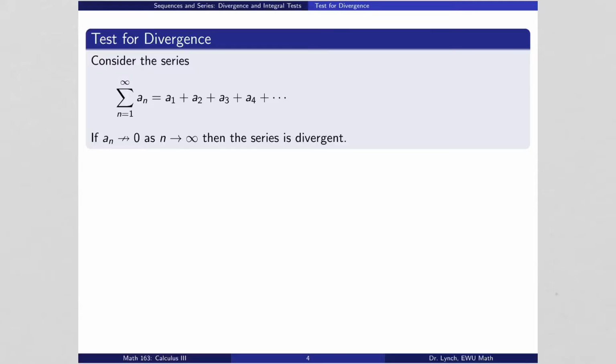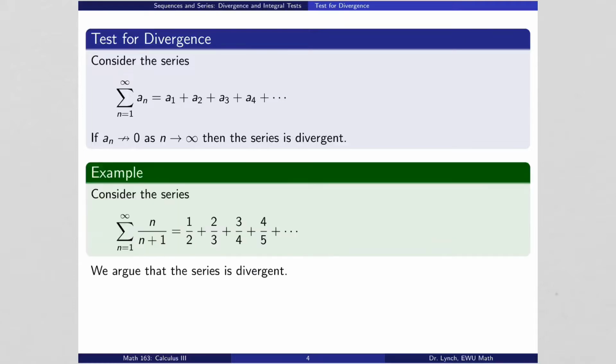So here's an example of the use of the test for divergence. Go ahead and consider the series, the sum from 1 to infinity of n over n plus 1. So observe that the nth term in the series does not go to zero as n goes to infinity. In other words, the limit as n goes to infinity of n over n plus 1 is equal to 1.